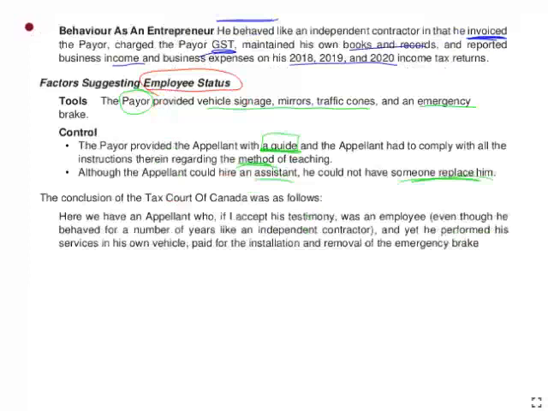So the Tax Court of Canada in this case made a decision.